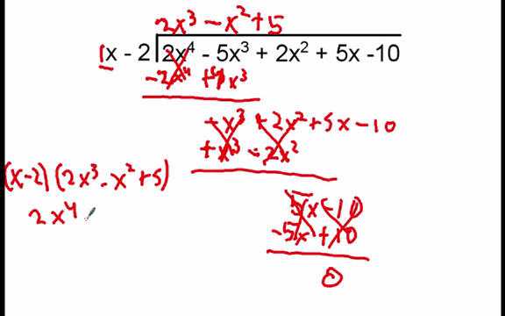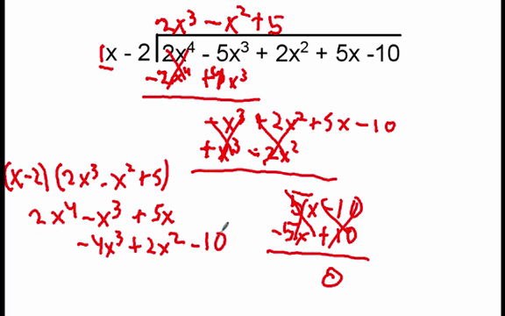X times negative x squared is minus x cubed. X times 5 is plus 5x. Negative 2 times 2x cubed is minus 4x cubed. Negative 2 times negative x squared is plus 2x squared. And negative 2 times 5 is minus 10.